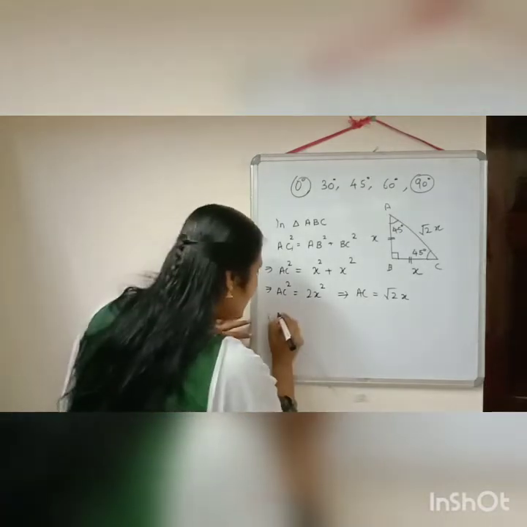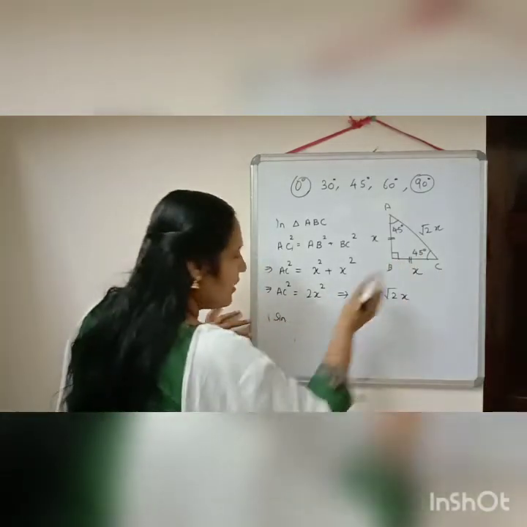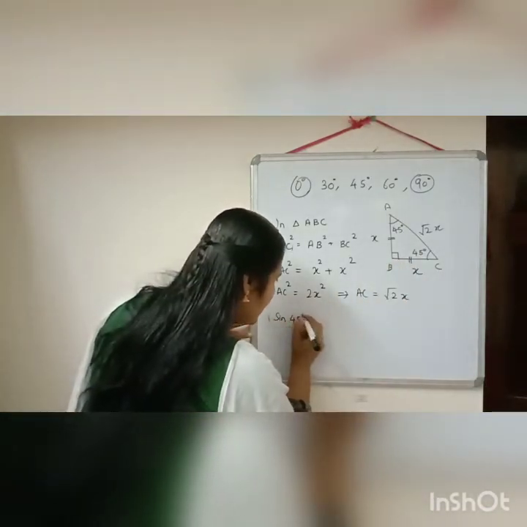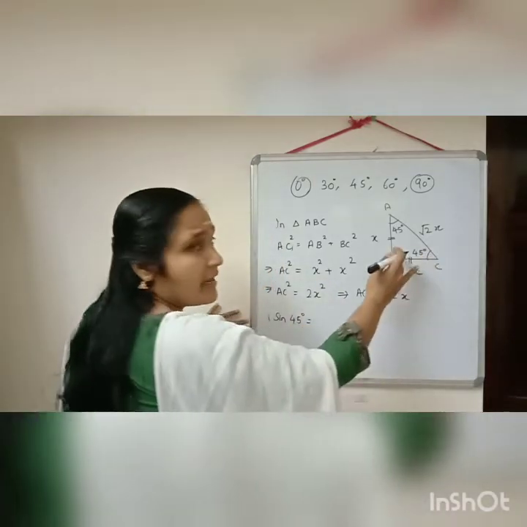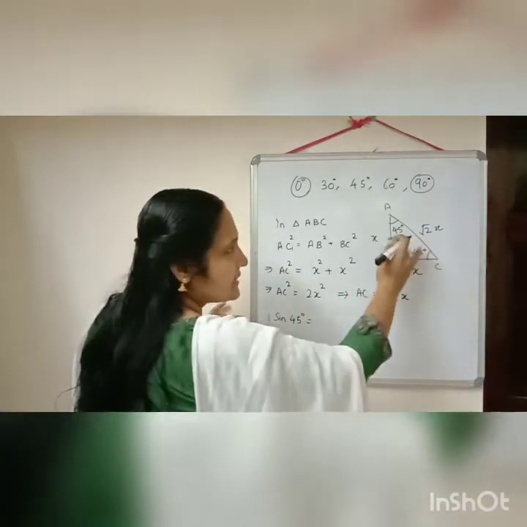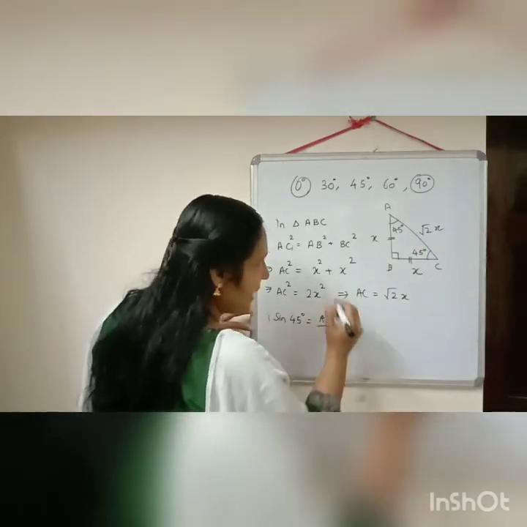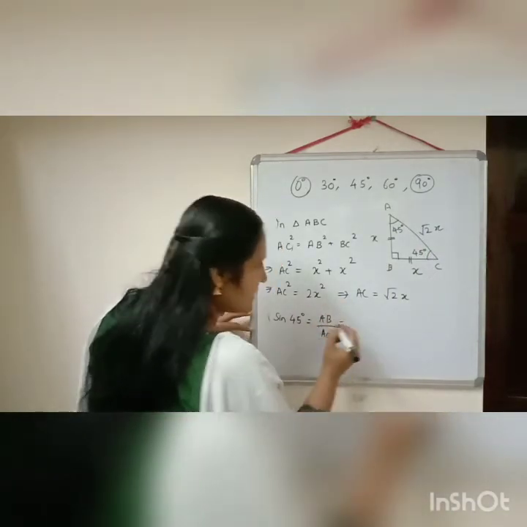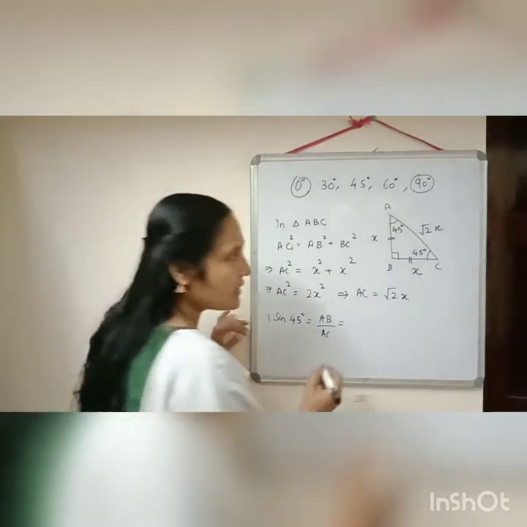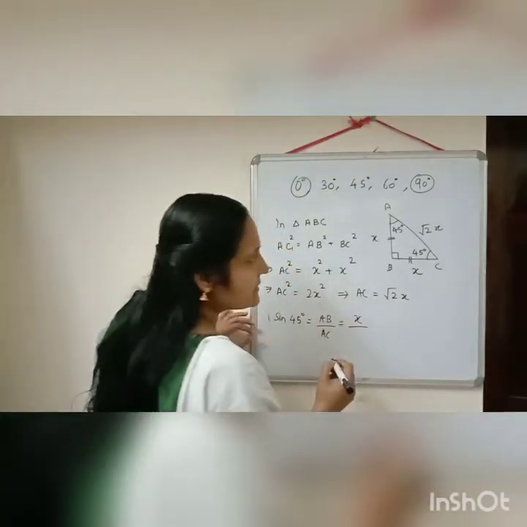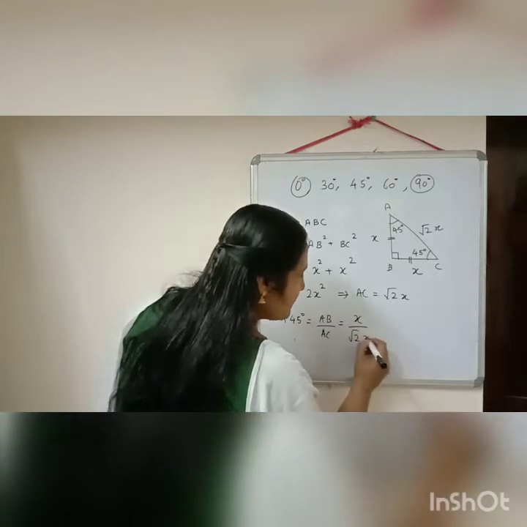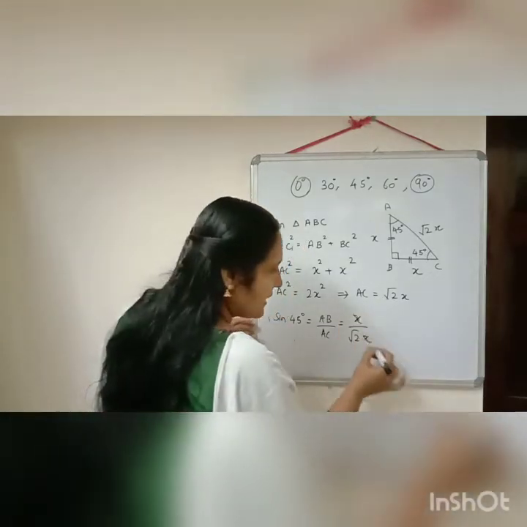Now we can calculate what sin C or sin 45 degree will be. Sin 45 degree. According to the formula, the side opposite to 45 degree, that is AB, by the hypotenuse AC. How much is AB? We wrote X, by AC which is equal to root 2 X. Then X and X will get cancelled.